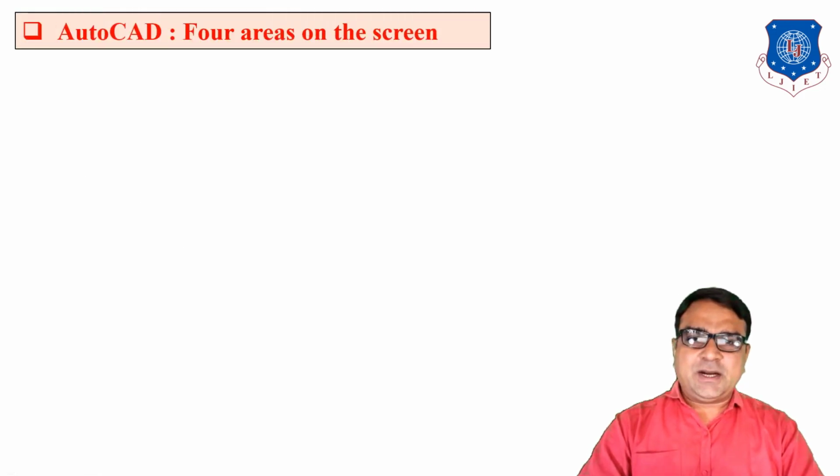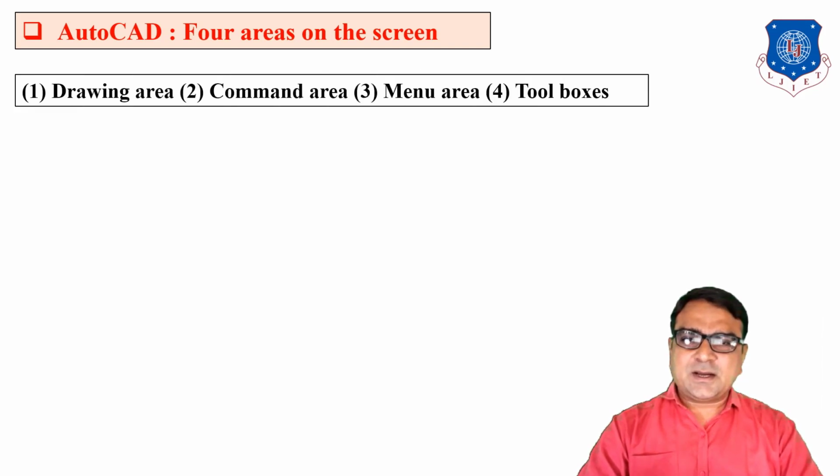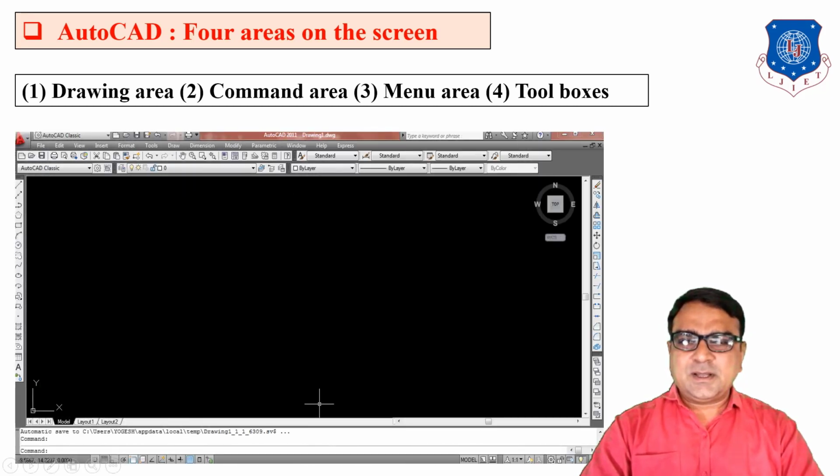In AutoCAD, there are four areas on the screen: drawing area, command area, menu area, and toolboxes. Here this black background is known as the drawing area, in which we have to draw a number of drawings, lines, etc. The left and right vertical strips have a number of icons.